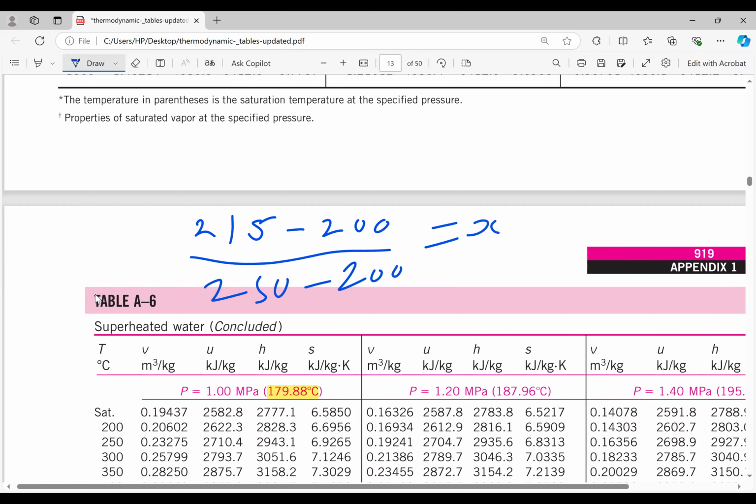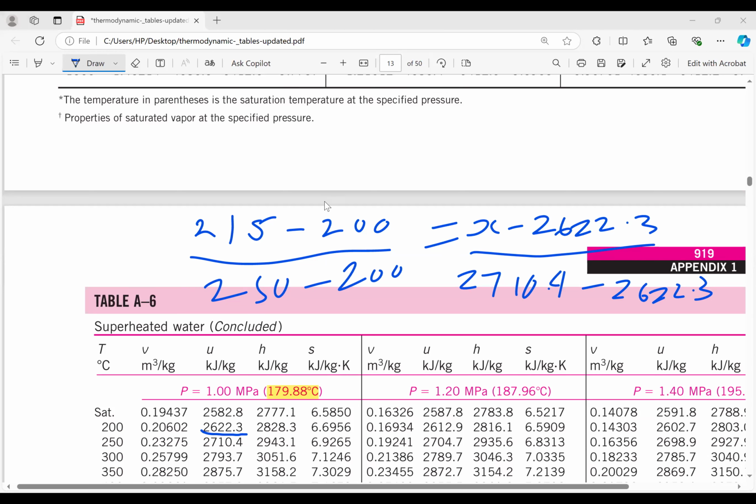This should be equal to, so 215 will correspond to our unknown. So I'll make it x minus 200 corresponds to 2622.3. So minus 2622.3 divided by 250 corresponds to 2710.4 minus 200 once again corresponded to 2622.3. So we can make x the subject, and then that will be the value at 215 degrees Celsius. It will be an approximate value at 215 degrees Celsius, right?